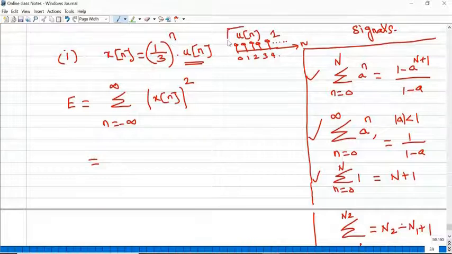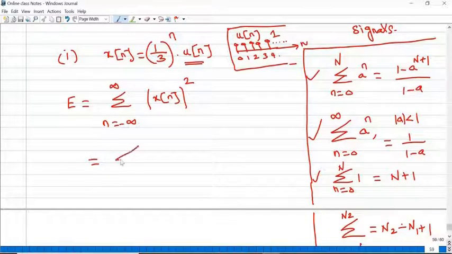This is u of n, the discrete time unit step. So in the formula, we have to change n equal to 0 to infinity, because the (1/3) power n is multiplied with u of n. U of n is valid when n is 0 to infinity. The magnitude of the sample is 1.